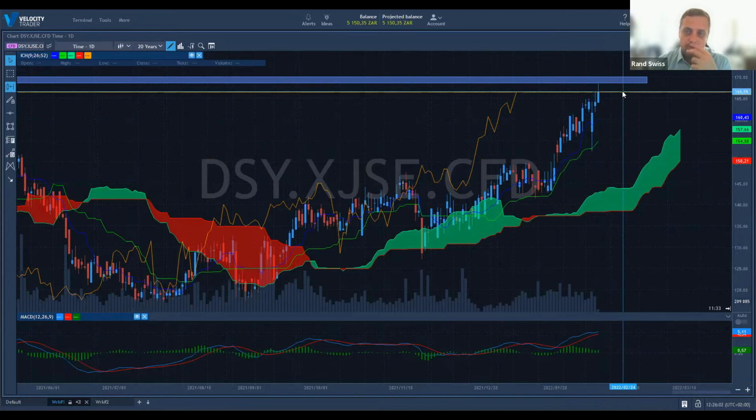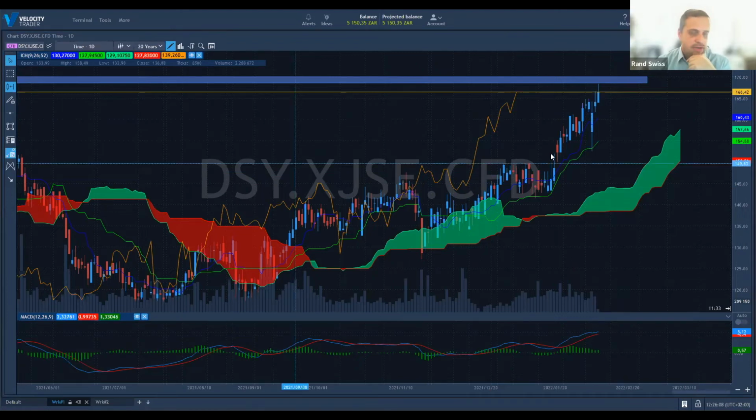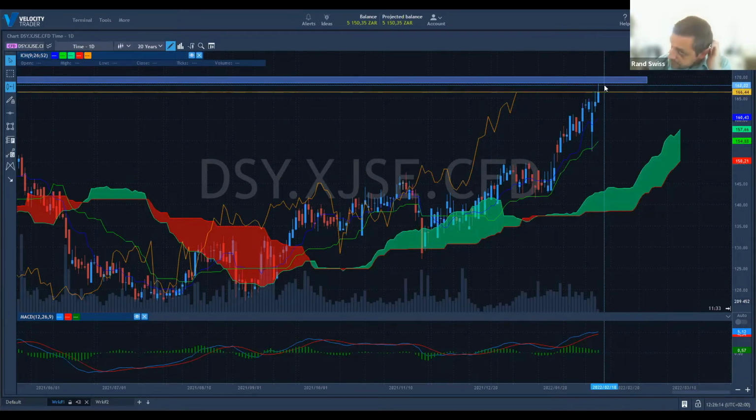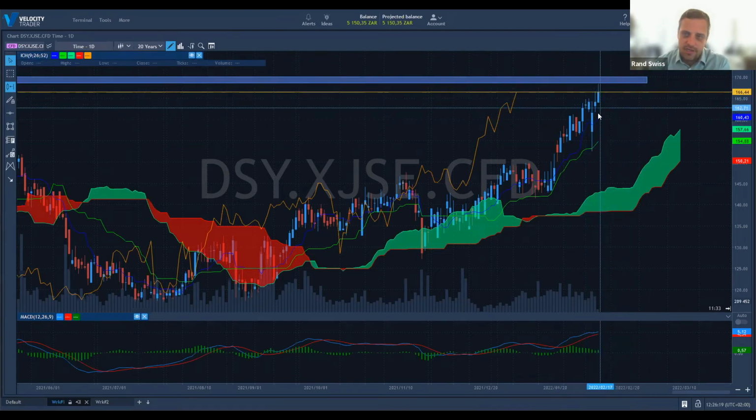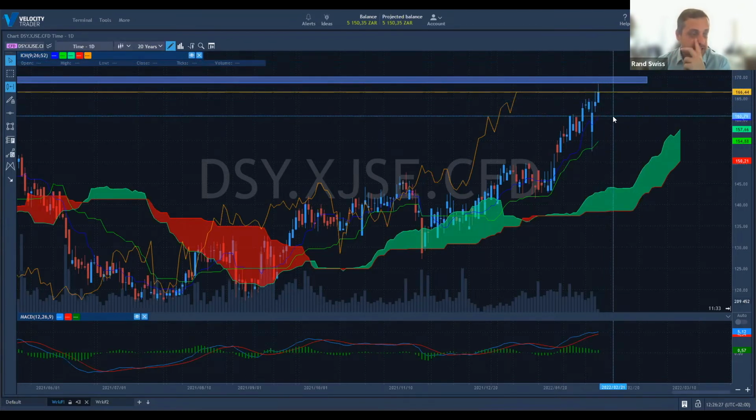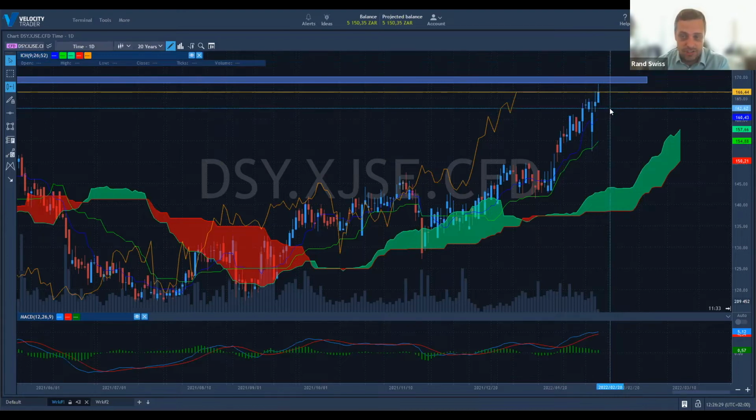For me right now, would I go long? Would I go short? It's hard to say. I mean, it's kind of a wait and see situation at the moment on Discovery. How is it going to handle hitting resistance? If it breaks above it and we give it a nice big candle, you can open a long position. If we see a big red candle, you see, okay, resistance is probably holding, people are exiting positions.